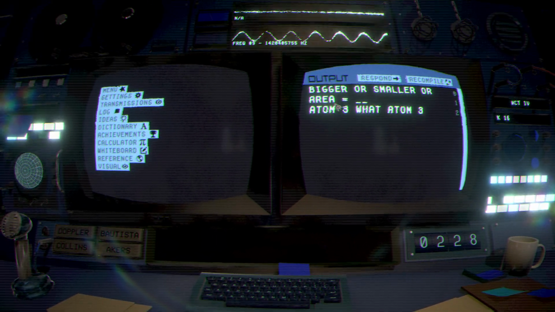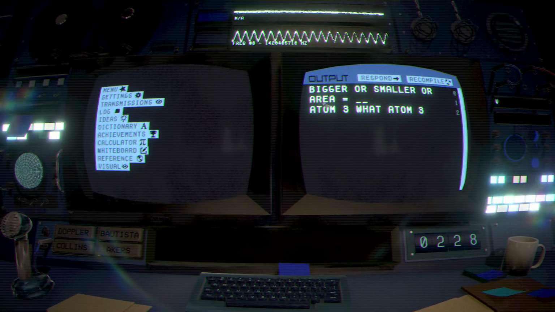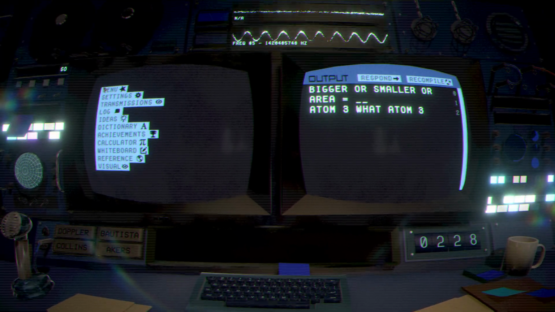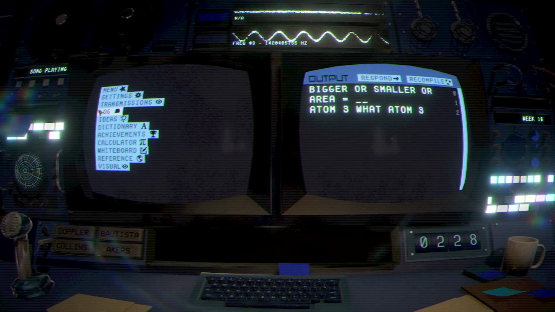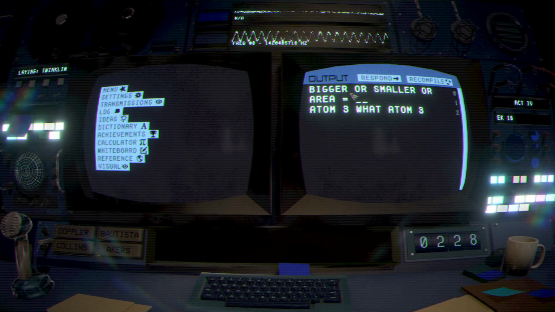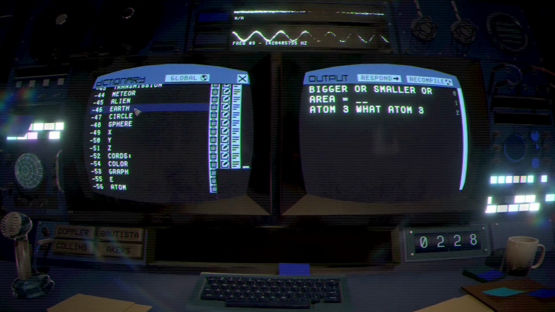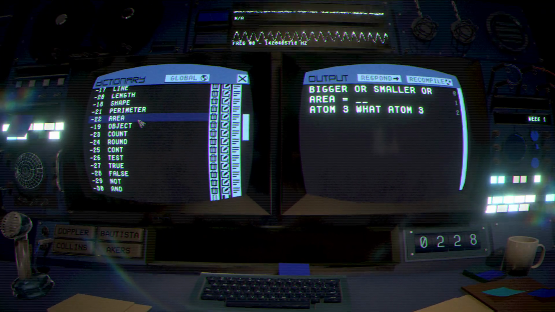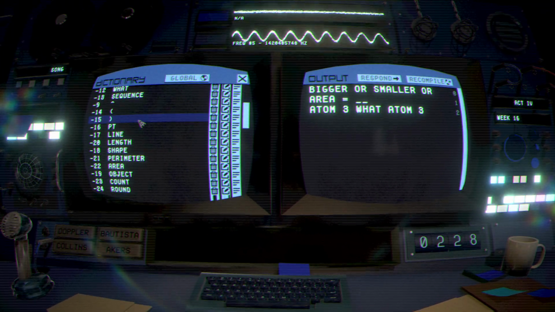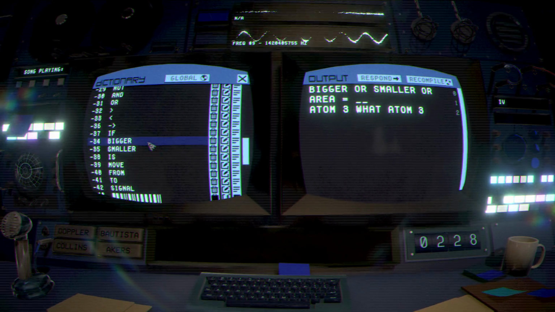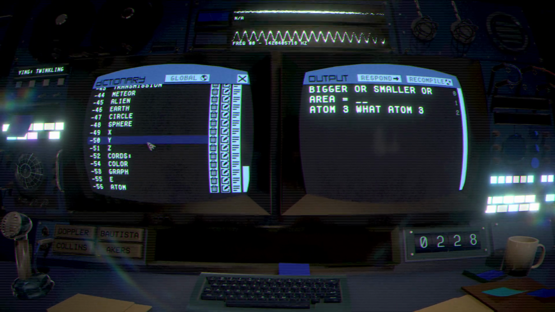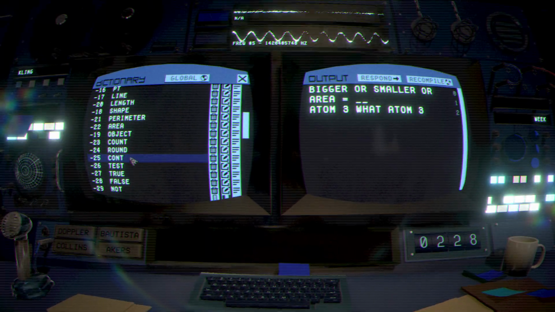Bigger or smaller or area. See, I don't understand what they're saying or area. Why are they using area like that? Makes me feel a little cuckoo for Cocoa Puff. Where's our area?